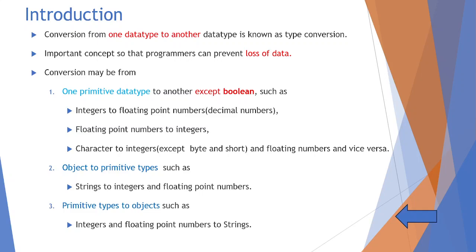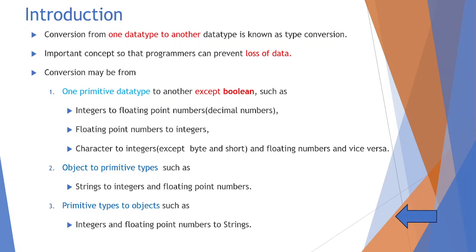Now, converting one primitive to another, except Boolean. How many data types are there? Byte, short, int, long, float, double, character, Boolean. Boolean does not participate. Please watch the data types video; the link is given in the description box.